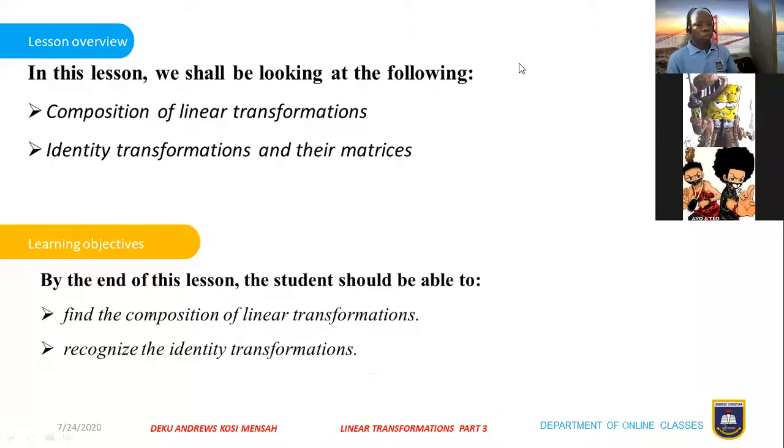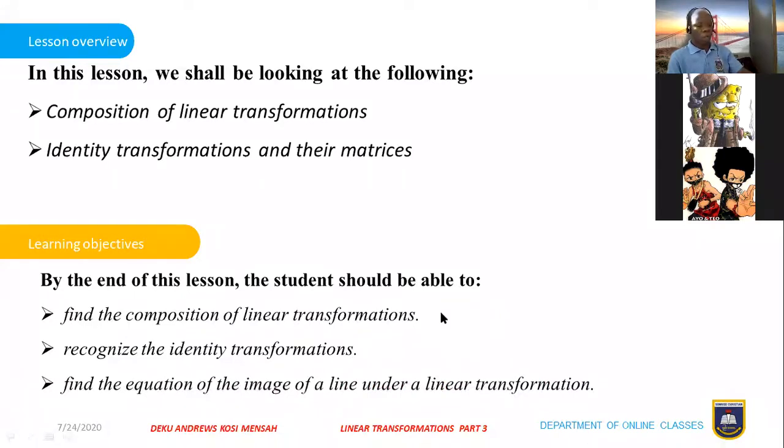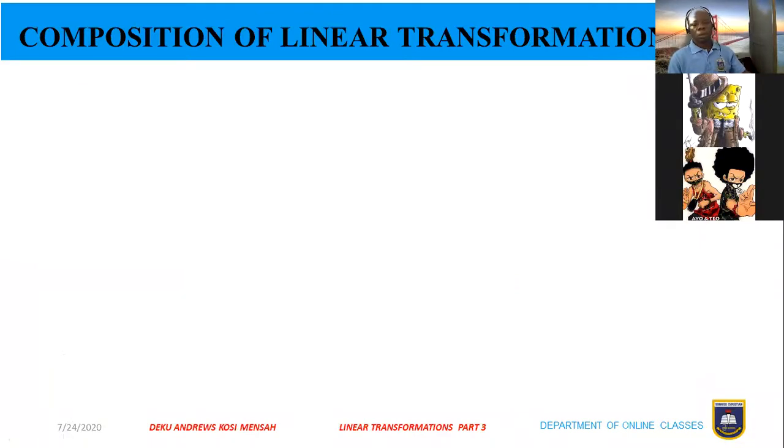You will also be able to recognize the identity transformations, and you will be able to find the equation of the image of a line under a linear transformation. We begin with composition of linear transformations.